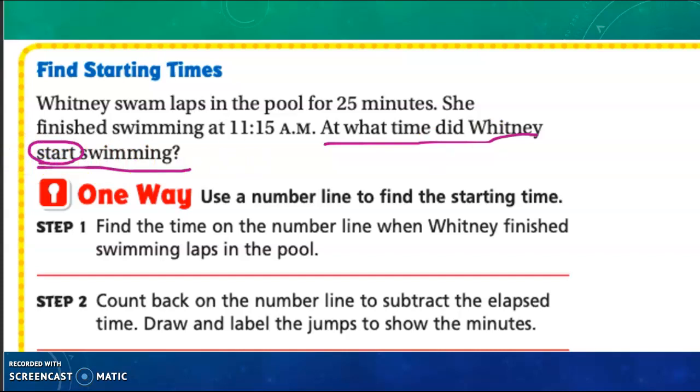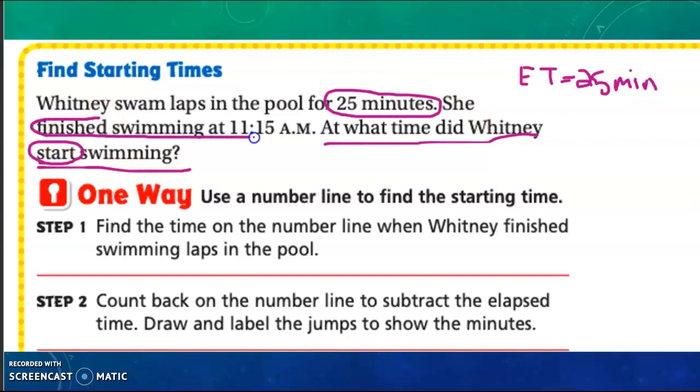So let's write what we know. I know that the 25 minutes is the amount of time it took her to swim. So that is the length of my activity, which is my ET, elapsed time. So we're going to label ET 25 minutes. I also know that she finished.